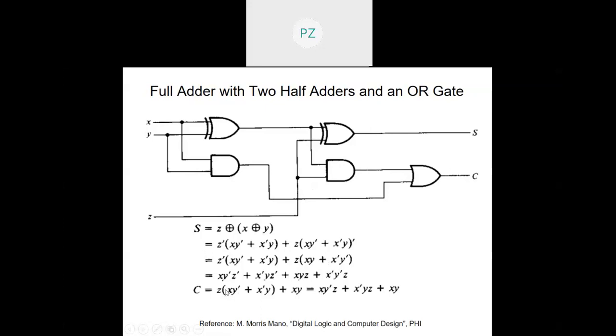When I open it up, it is xy dash z plus x dash yz, plus xy. Now you can see that over here I can take z common, right? In fact, that was there. So this is the expression for C as we have seen in the previous slide, right?